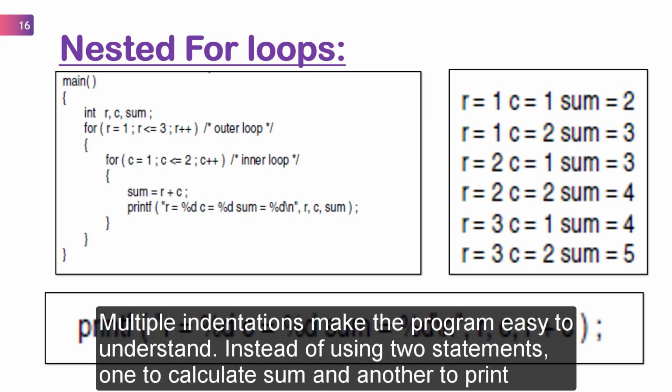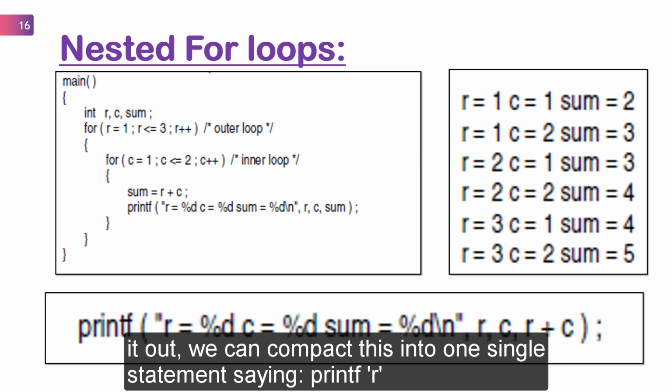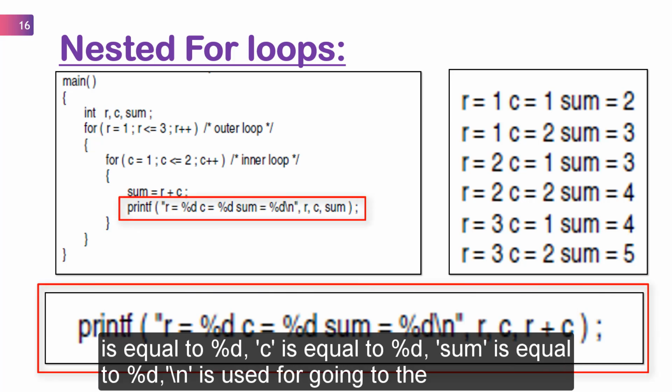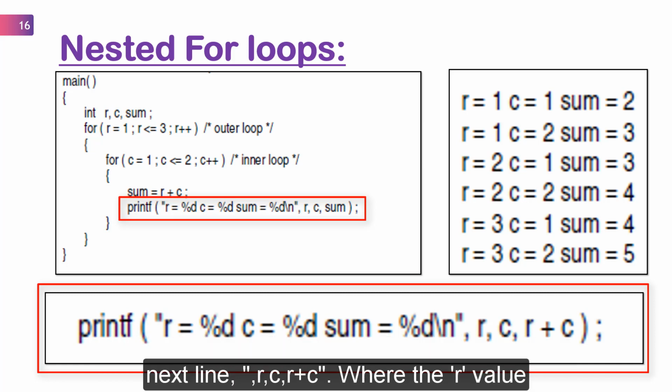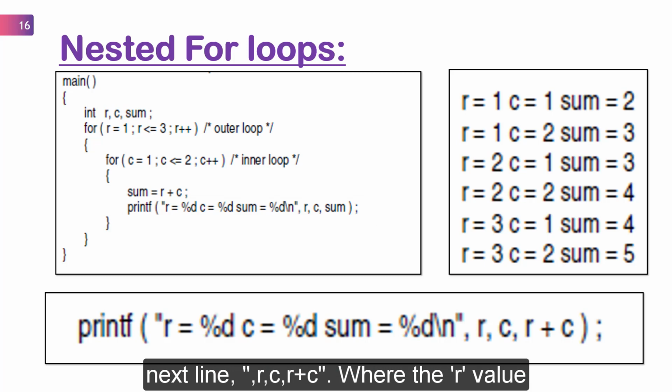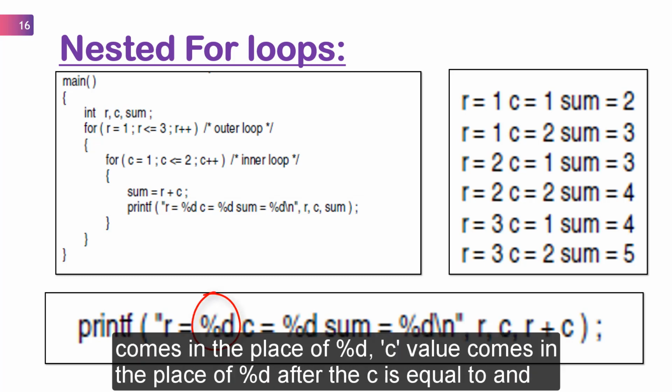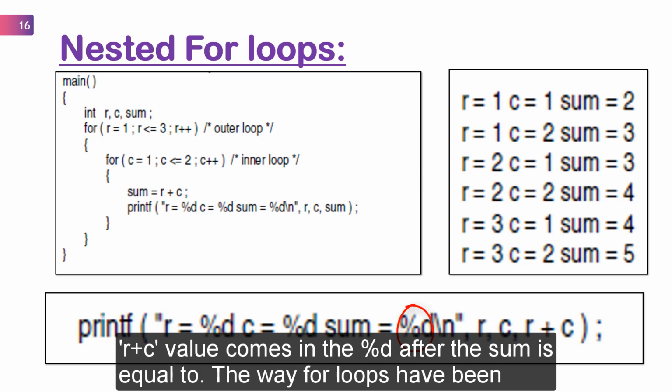Instead of using two statements, one to calculate sum and another to print it out, we can compact this into one single statement by saying printf r is equal to %d, c is equal to %d, sum is equal to %d, slash n is used for going to the next line, comma r, comma c, comma r plus c, where the r value comes in the place of %d, c value comes in the place of %d after the c is equal to, and r plus c value comes in the %d after the sum is equal to.